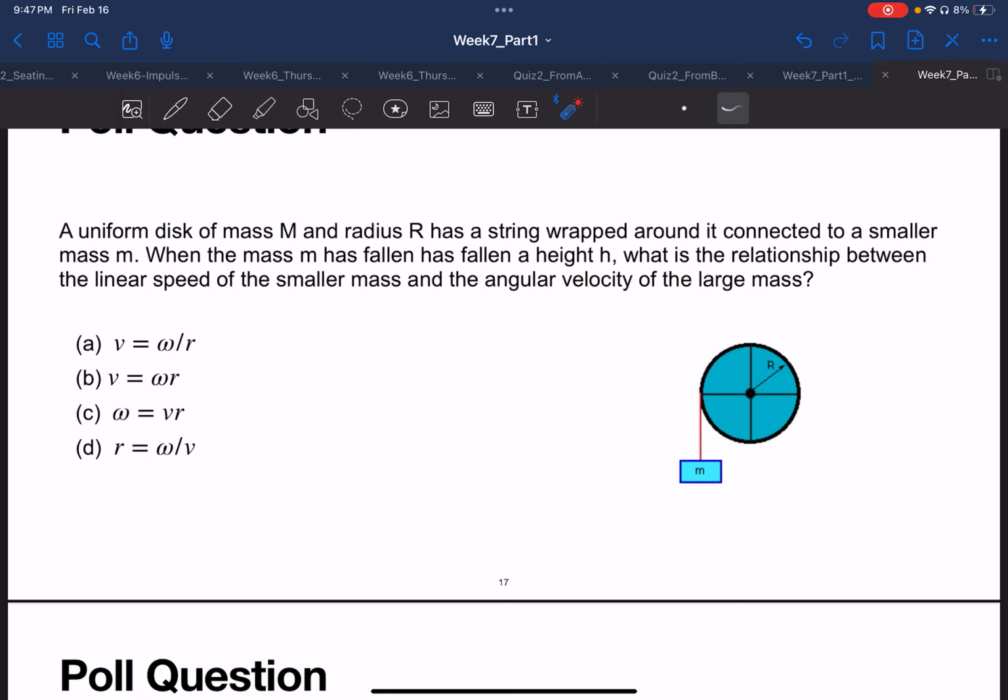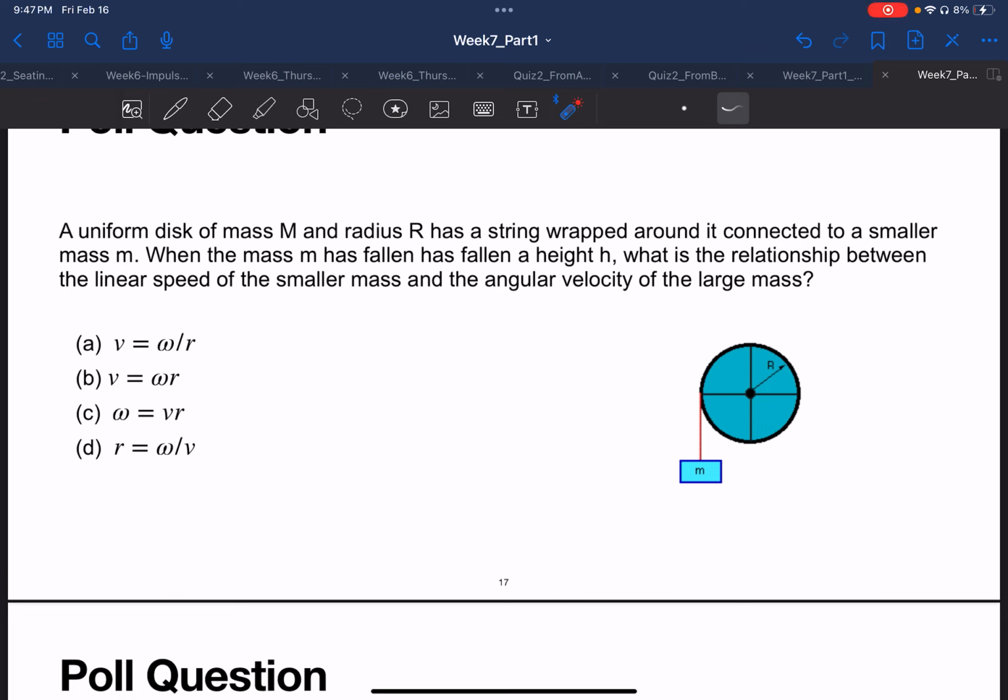So as the string is unraveling, this is essentially the same as the rolling without slipping condition, but the disk is spinning on an axle here rather than a sphere or a disk rolling down a hill or rolling on flat ground.